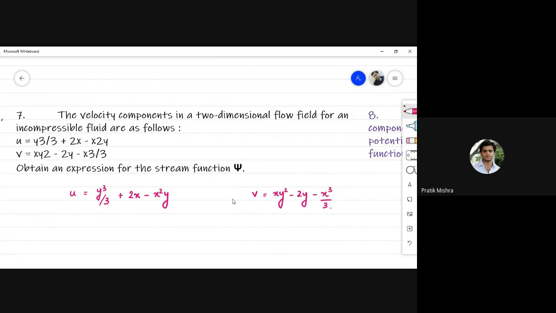So in order to obtain this function psi, you go by definition.